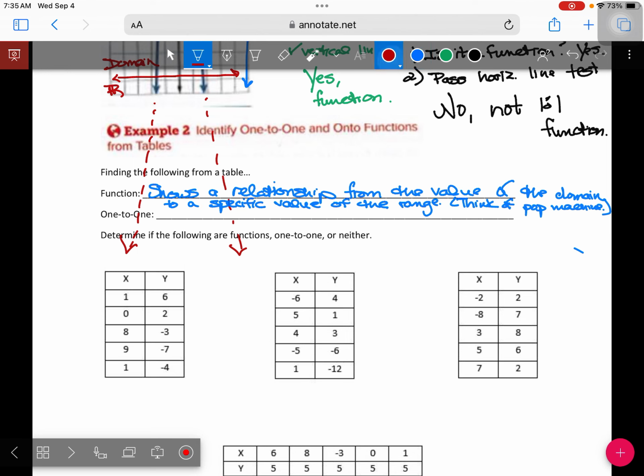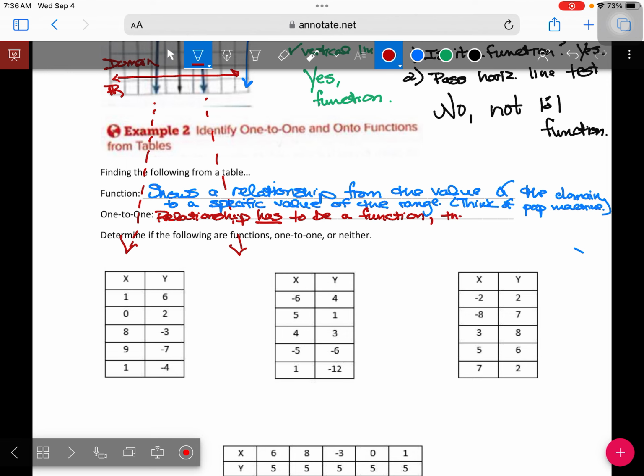Okay? Your one-to-one, when we are looking at this from a table point of view, it is a relationship, has to be, I'm underlining has to be a function first. If it's not a function, it cannot be a one-to-one relationship. Has to be a function first.